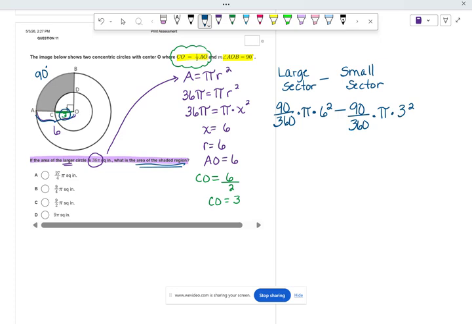All right, now I'm going to try to work smarter, not harder. I'm going to look at all my answers. All of my answers are in terms of pi. So we're going to leave the pi's out of our calculator, but put it on our answer.